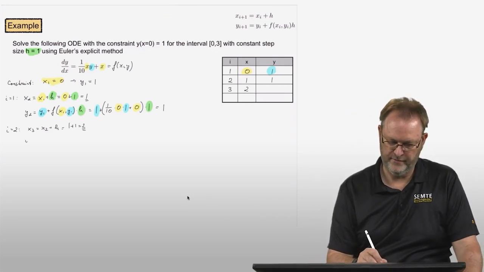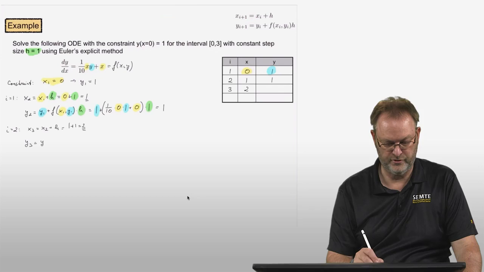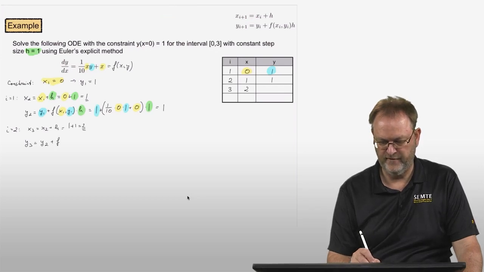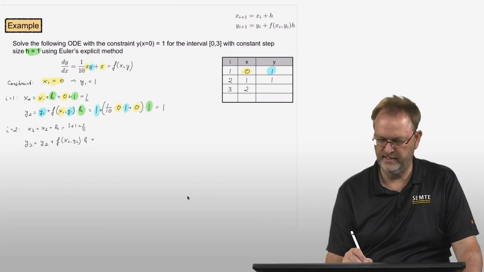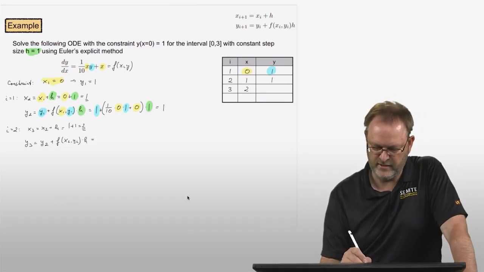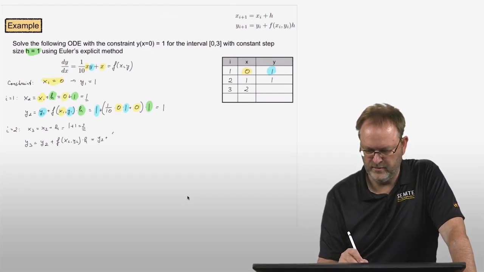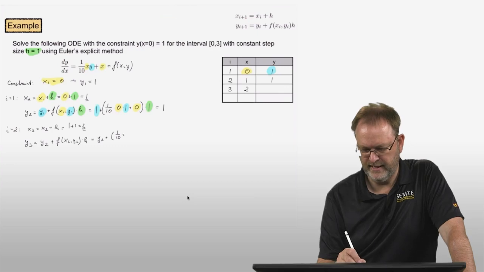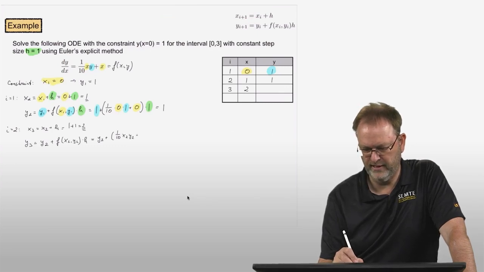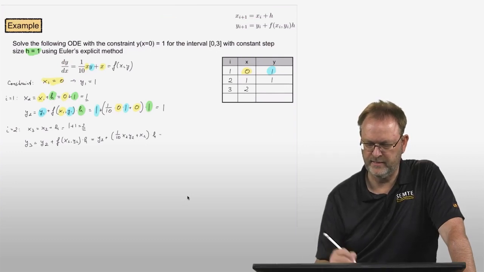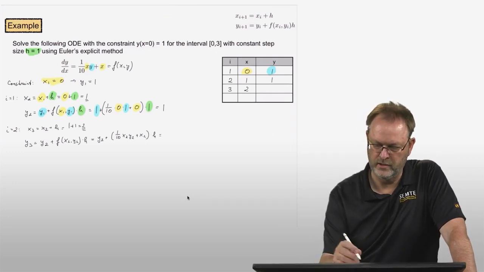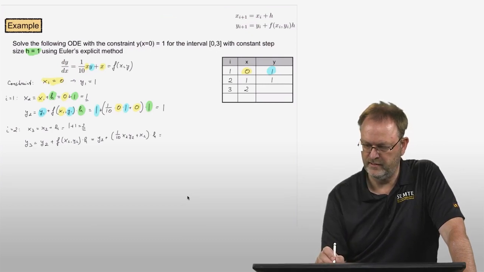And my y3 is equal to my y2 plus f of x2 comma y2 times h. So let me just write this out in the long form at least once. So y2 plus 1/10 x2 times y2 plus x2, times h. And now let's substitute in the values. So the values here are the x2 and the y2.